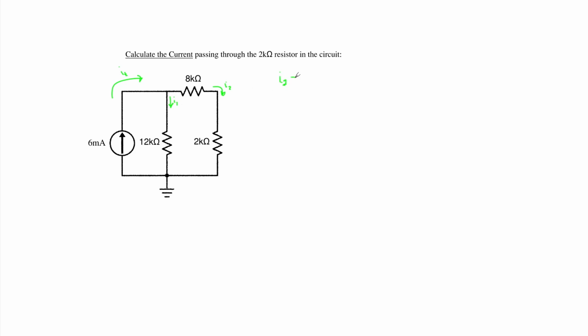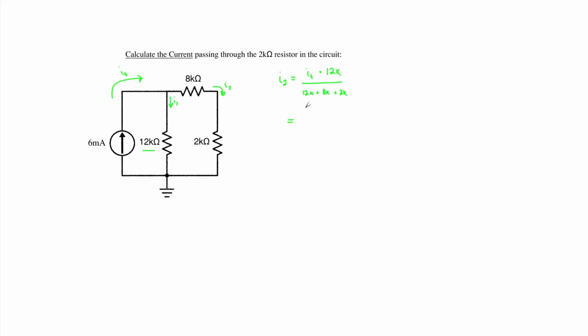I2 is equal to the total incoming current, IT, multiplied by the total resistance of the opposite branch you are evaluating, which will be 12 kilo ohms, divided by the total resistance of all branches. That gives us 12K plus 8K plus 2K.